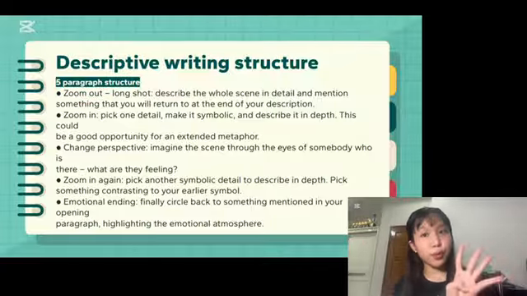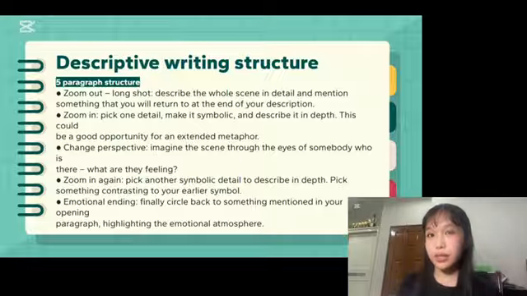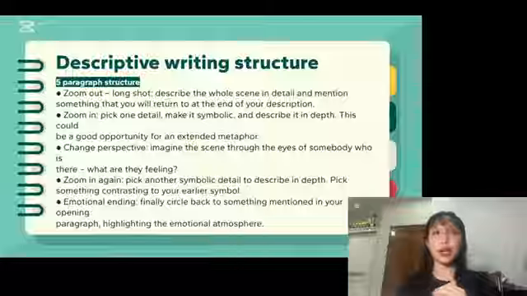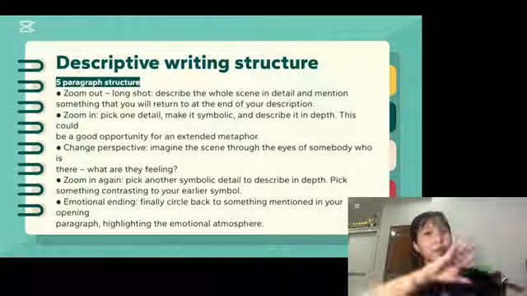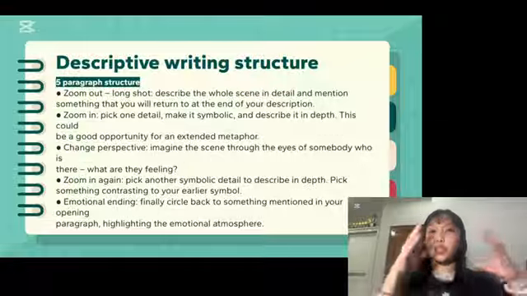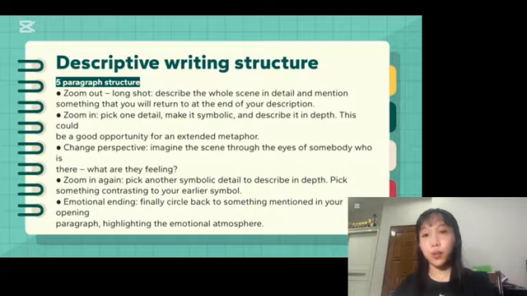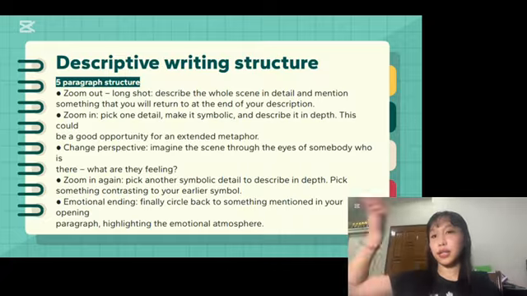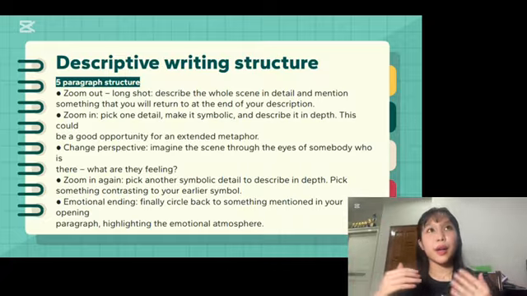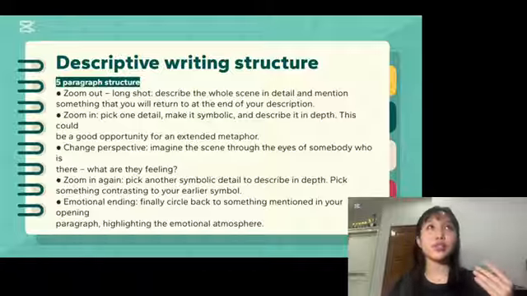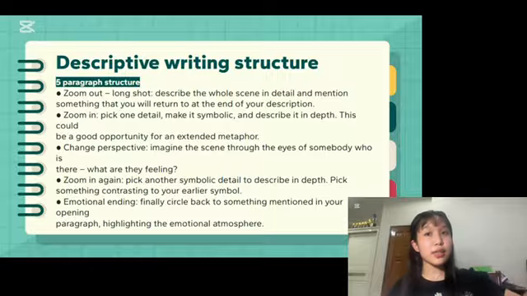And then for the fourth paragraph, it's going to be another detail that we're going to be describing. Let's say for my next example, I'm going to pick the field of flowers, and I'm going to describe that in detail. The last paragraph is going to be an emotional ending. It's going to circle back to something I mentioned in the first paragraph. So in my first paragraph, I described the sun and the sunrise.